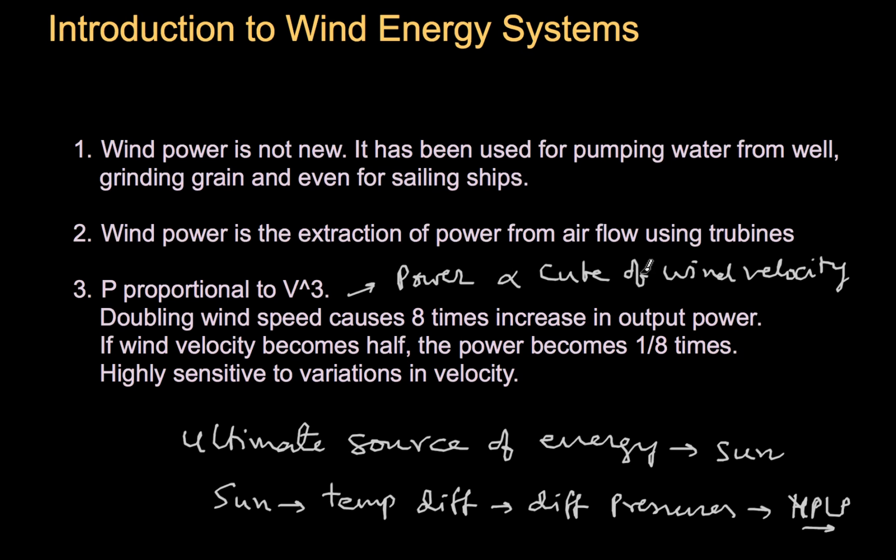So the only changing variable is the wind velocity, and the wind velocity cubed is what creates the power. That means doubling the wind speed causes an 8 times increase in the output power, and if the wind velocity becomes half, the power becomes 1 by 8. So it is highly sensitive to variations in wind velocity.